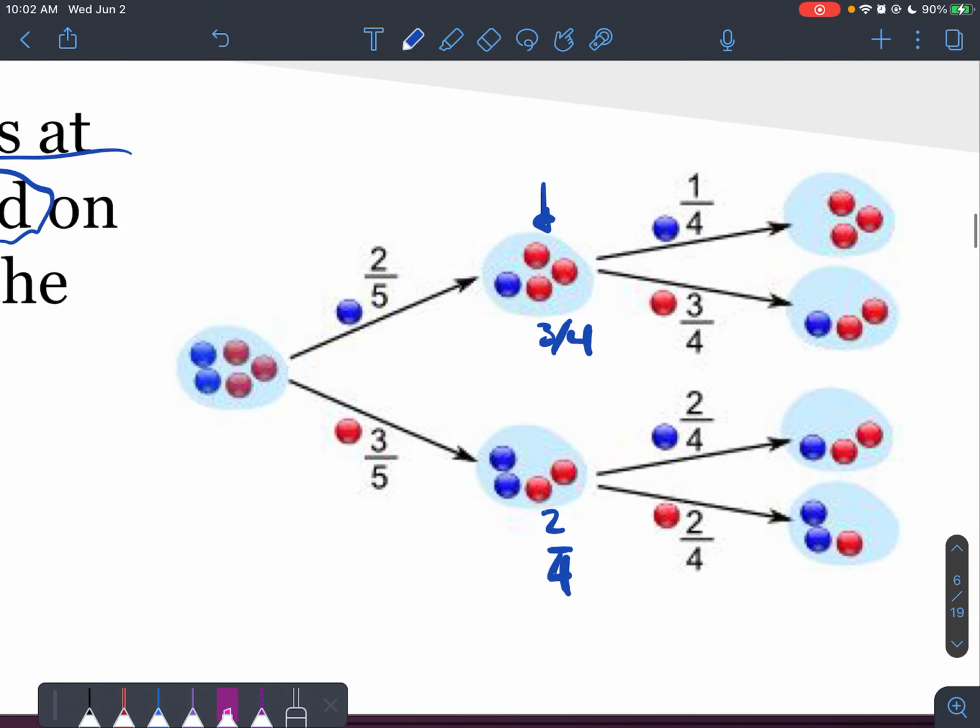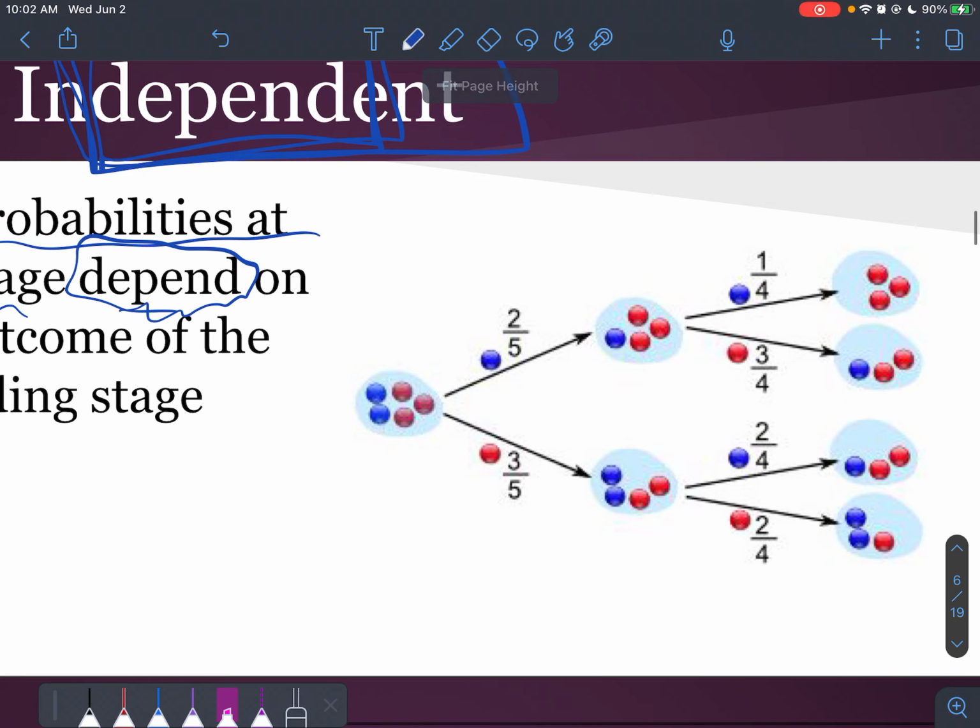So taking a look here, you've got different paths and different probabilities. 2 of the 5 are blue, so there's a 2/5 chance. Then if you take a blue out, now 3 of the 4 are red, or 1 of the 4 is blue. Now if you take that out, 0 of the 3 are blue.